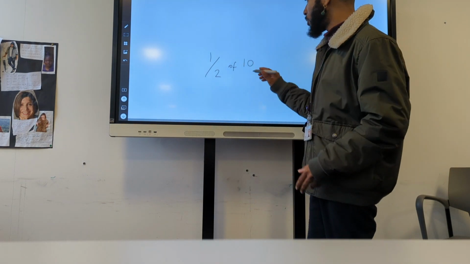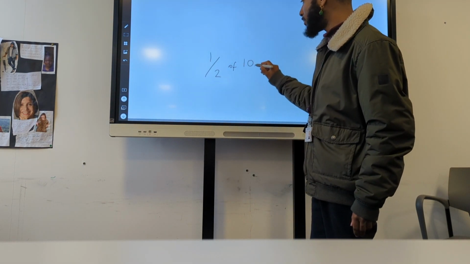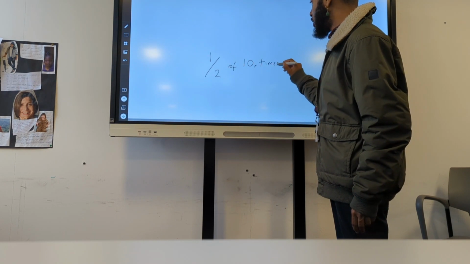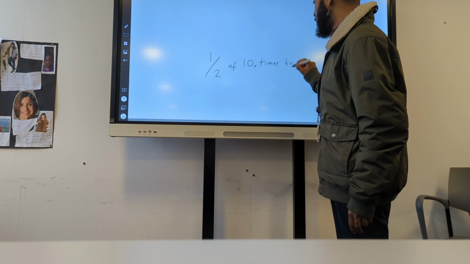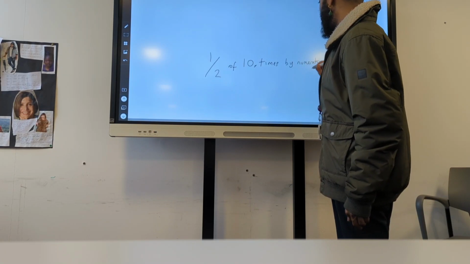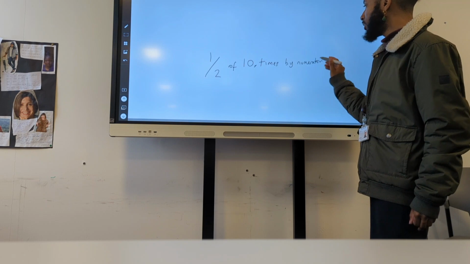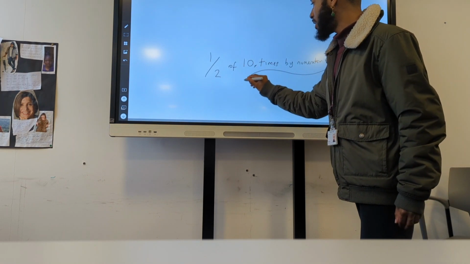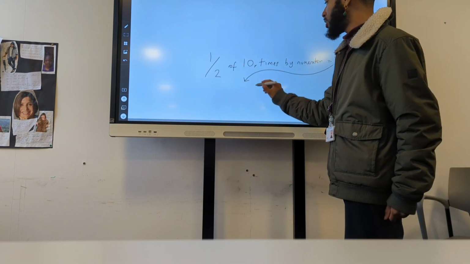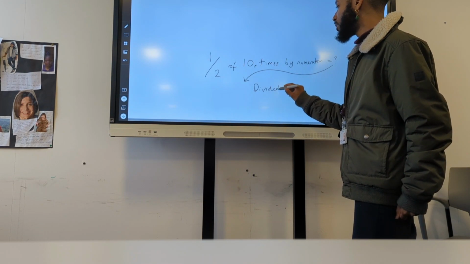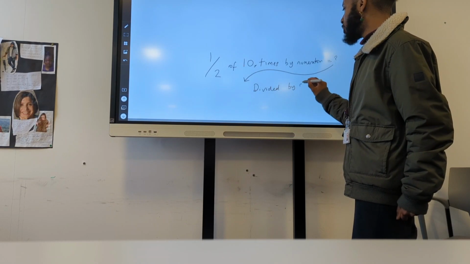So what you do is you usually get the whole number, then you times it by the numerator, and then you get the answer, and the answer will then be divided by the denominator.